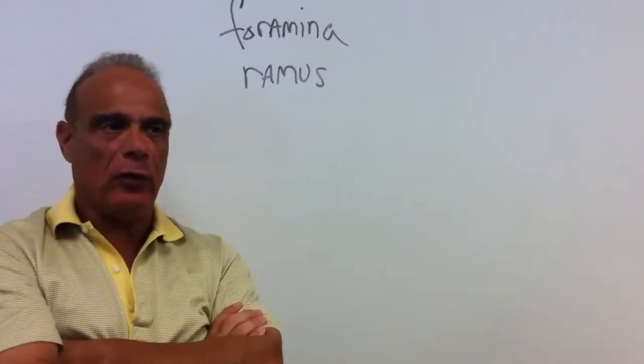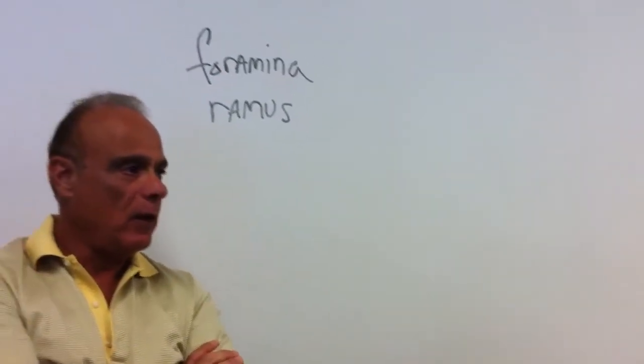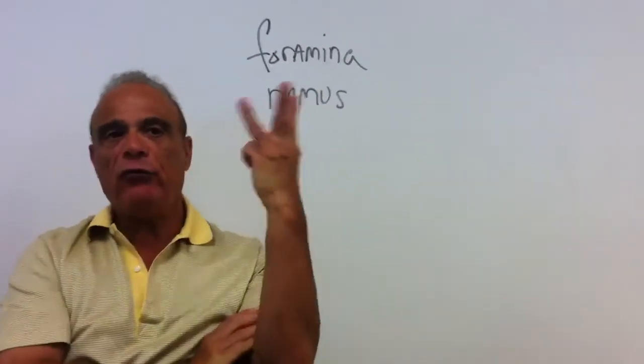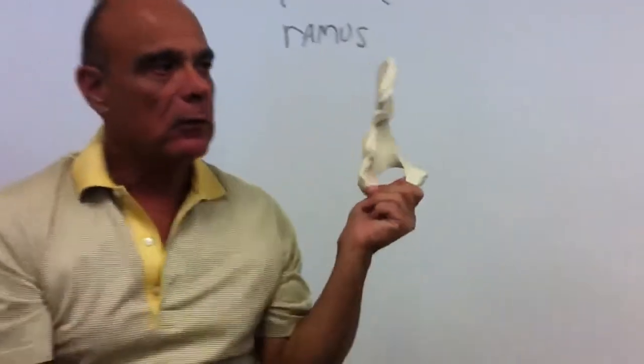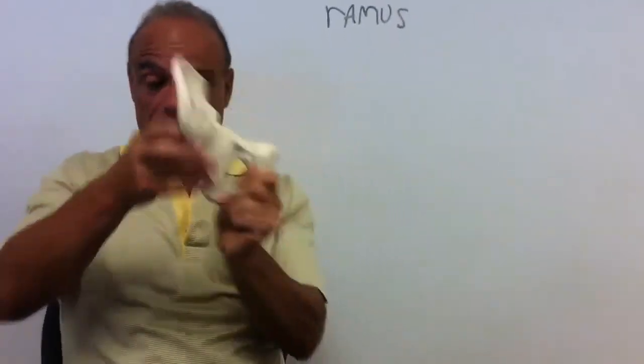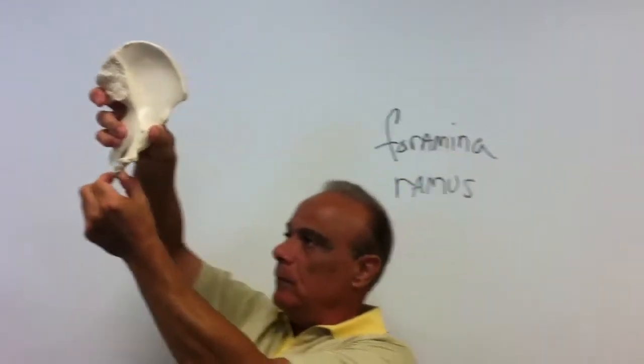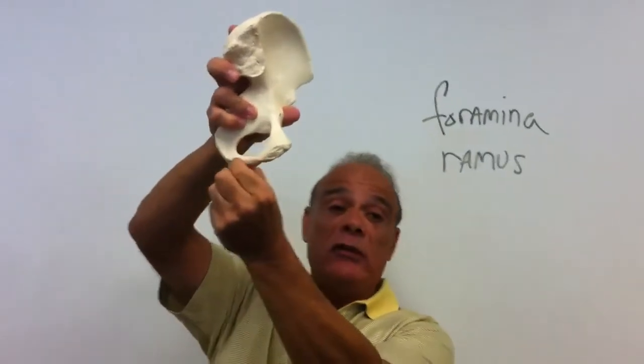And how would one pluralize ramus? Rami. R-A-M-I, rami. So there are 3 rami at the bottom of the hip. And you can see this long, straight, narrow stretch of bone here? Does anybody see this?